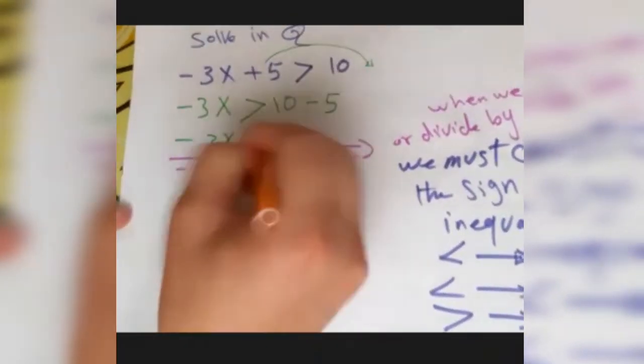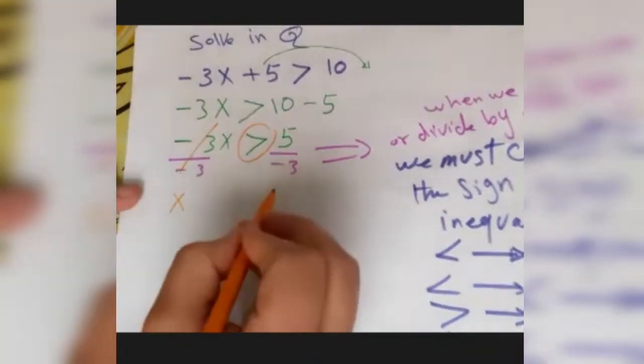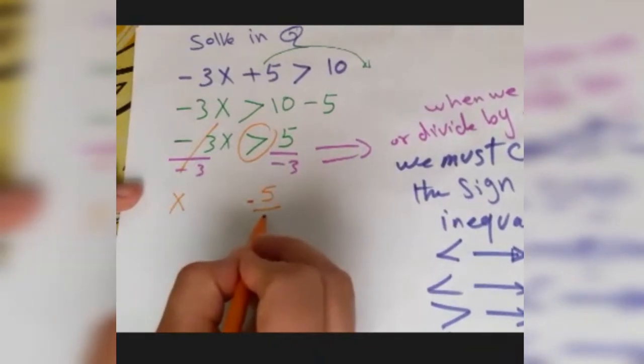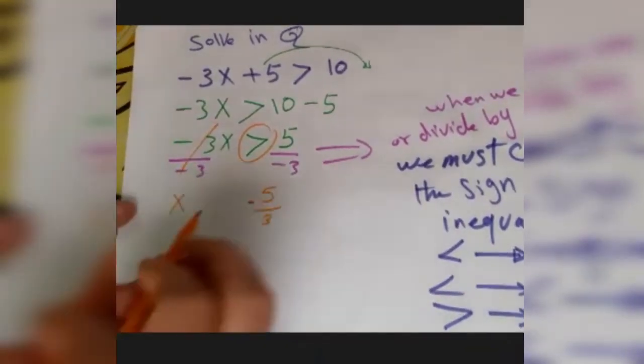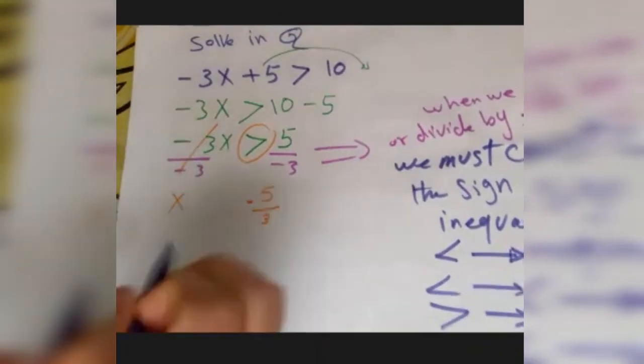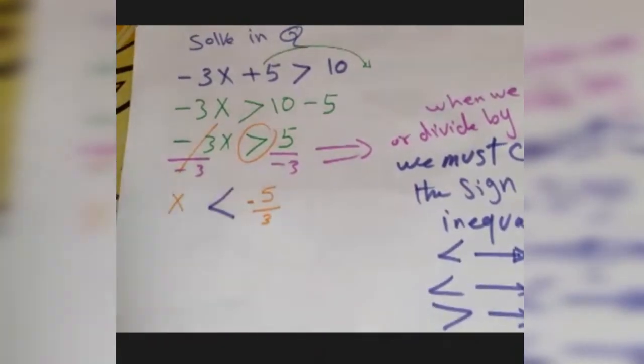So now write x, and here 5 over negative 3, or we can write negative 5 over 3, and change the sign. So convert greater than to smaller than. Why? Because we divided by a negative number.